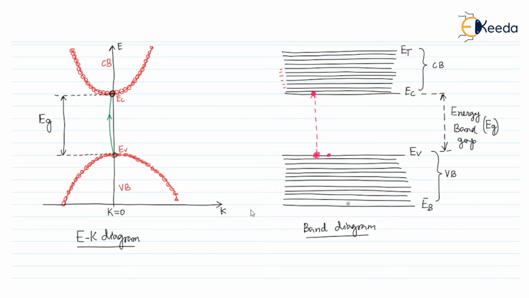Now, depending on this E-K diagram, the semiconductors can be classified into two groups.